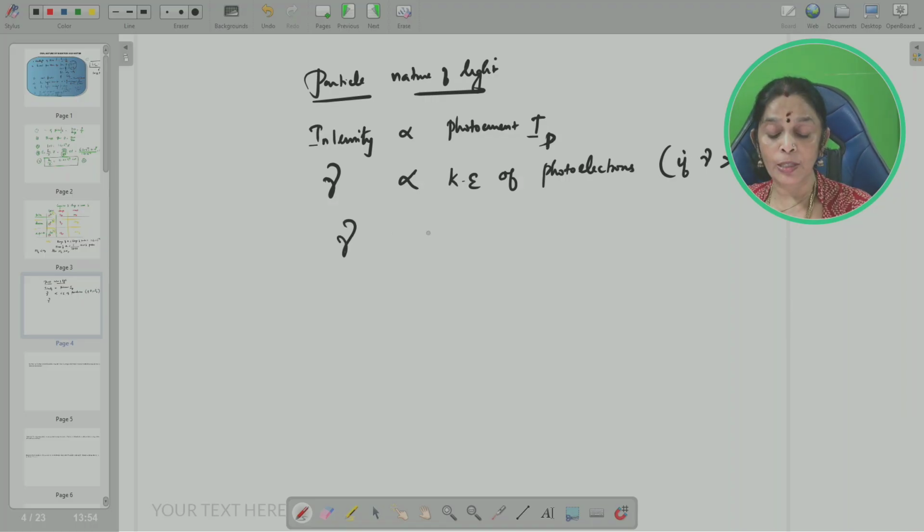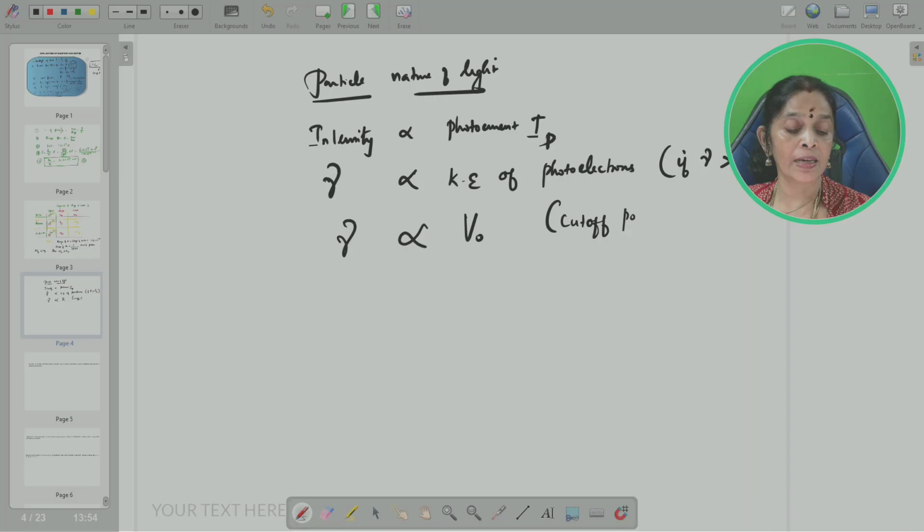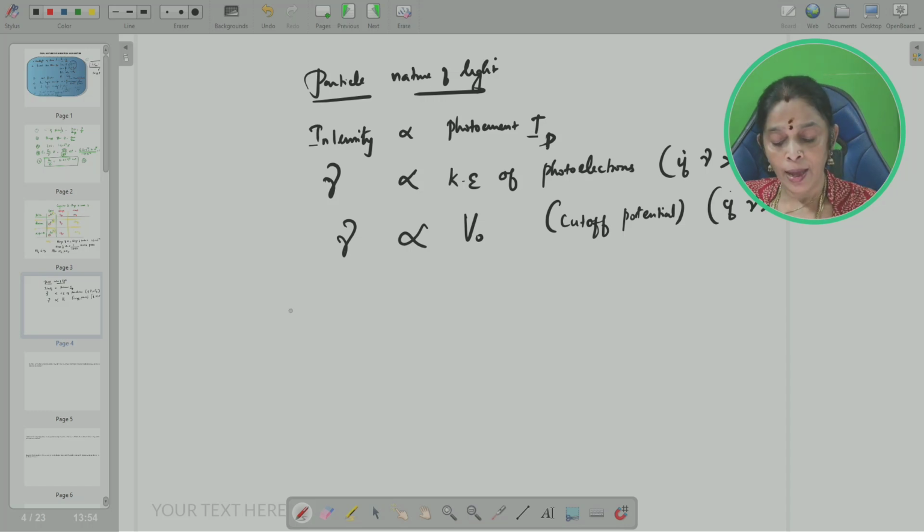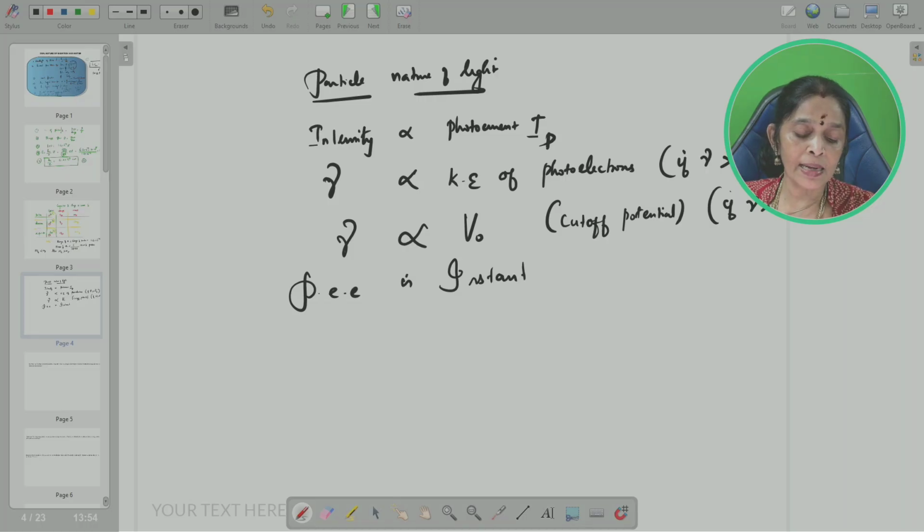Also I can write that frequency is directly proportional to stopping potential, or you can call it cutoff potential, only if nu is greater than nu naught. And photoemission is instantaneous. Children, what do you mean by instantaneous?